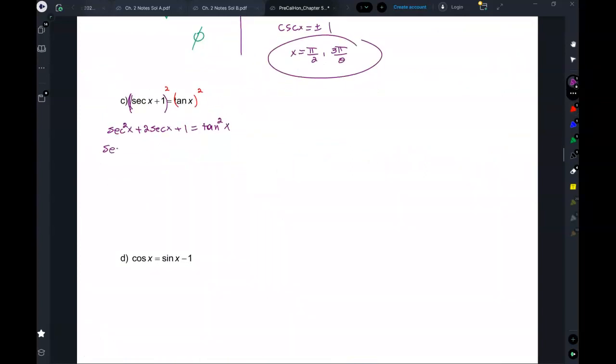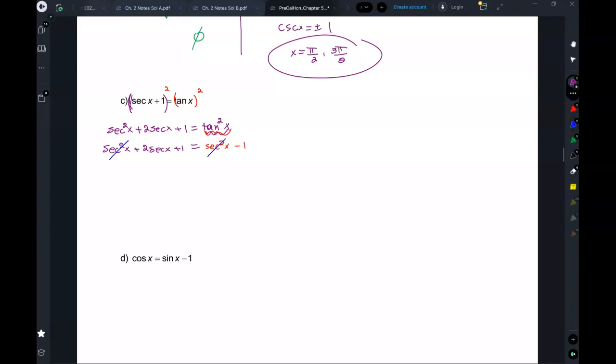So nothing changes here. Equal to, so the problem is this is the only thing that's not a secant, right? So I can change it and it becomes secant squared x minus 1. Now, if you have identical terms on both sides of the equation, they cancel out, right? So you can subtract secant squared from both sides. It goes away.